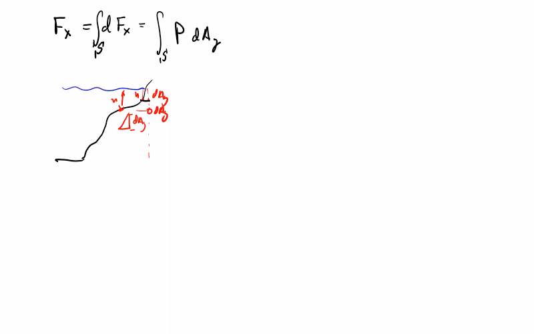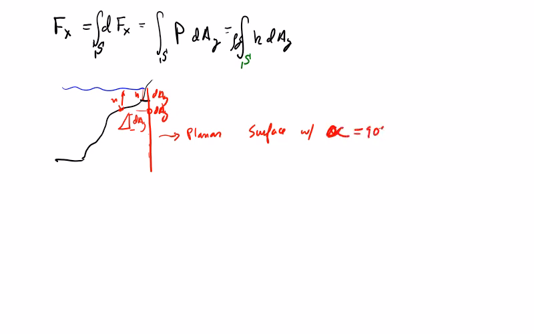All right, and so we keep writing this out: the integral, I'll pull out the rho g, and then you have h dAy. Well, effectively, over my whole surface, this series of dAy over here is a planar surface with a theta, or an alpha, which was what we used before, equal to 90 degrees.